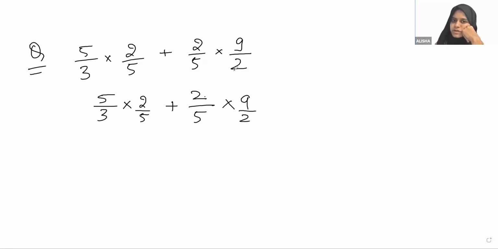So what is the difference between the first line and the second line? Is there any difference between them? Any other property? You can use associative. What does your associative property say?